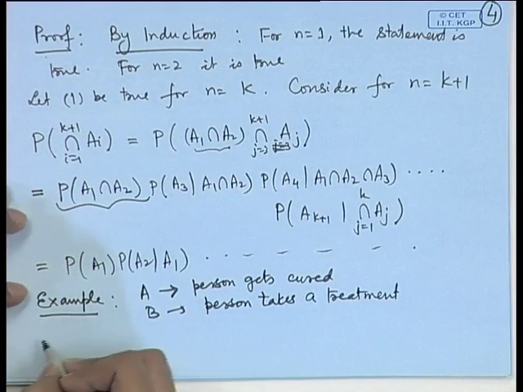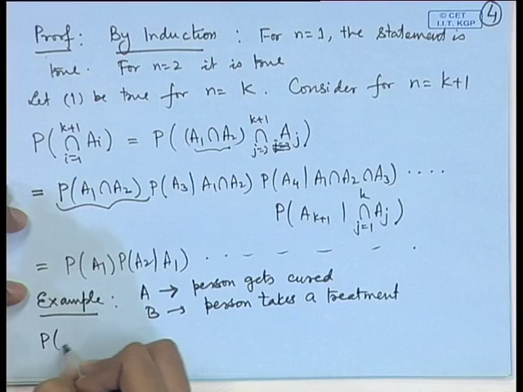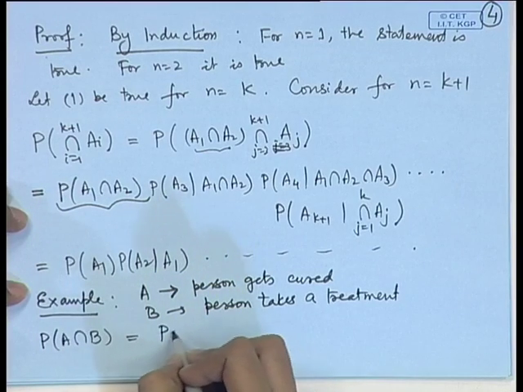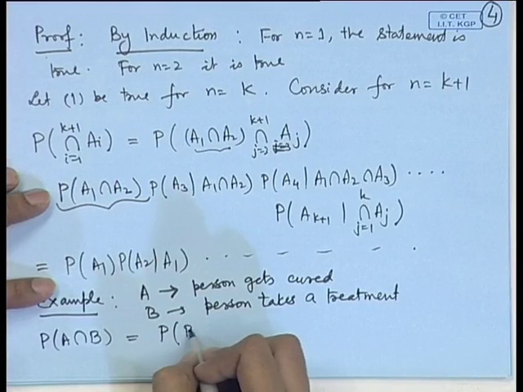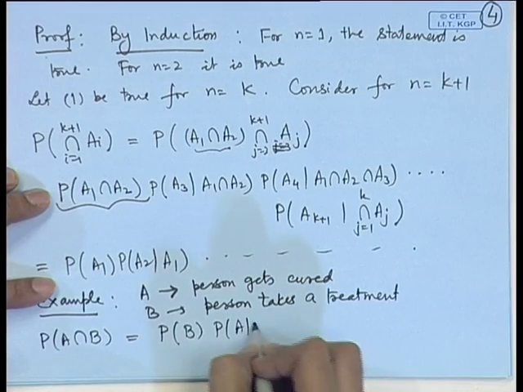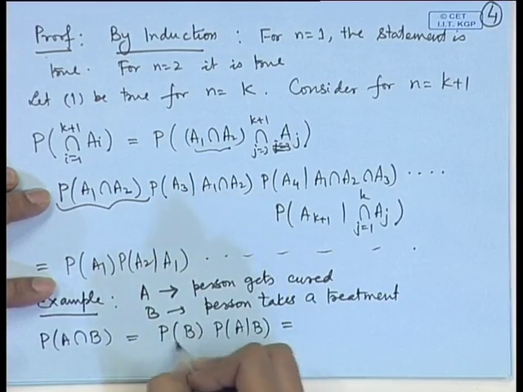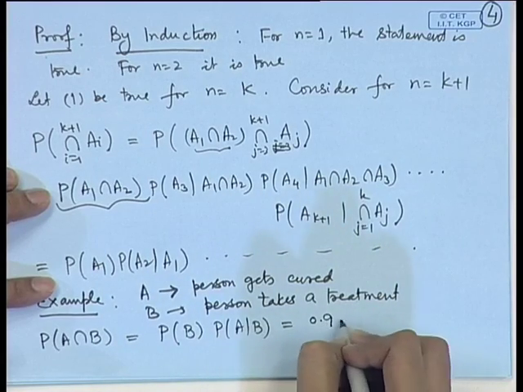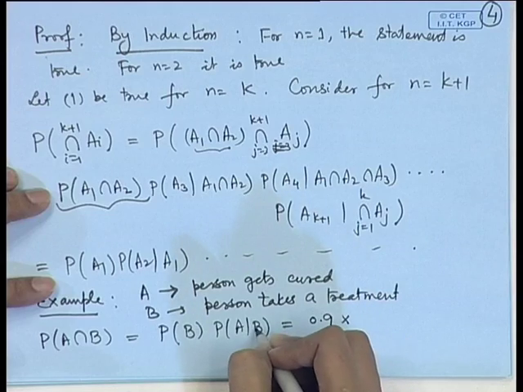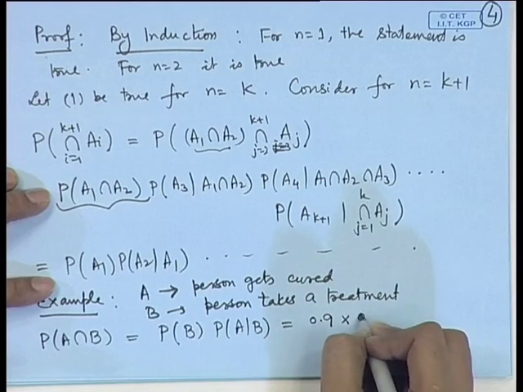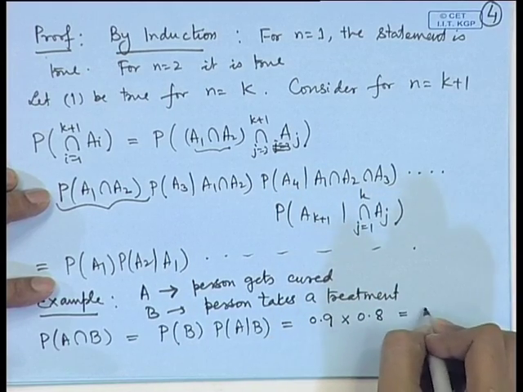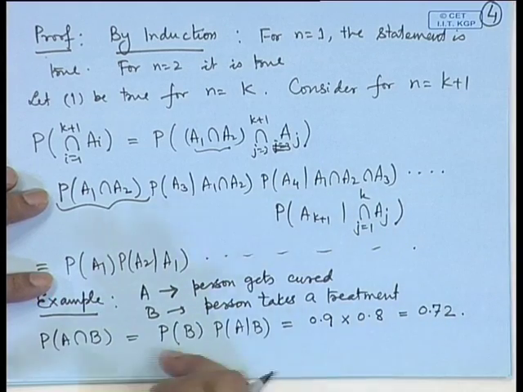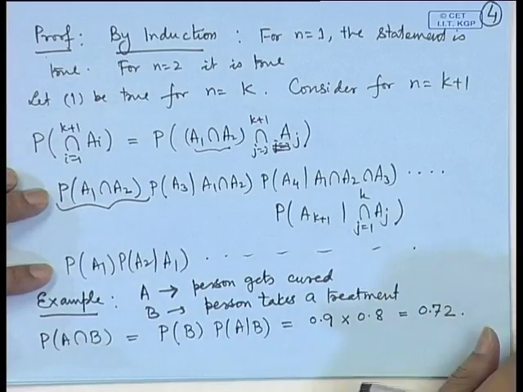Now, suppose probability of A intersection B is to be determined, then we can write it as probability of B into probability of A given B. Suppose 90% of the people take the treatment, and of the people who take the treatment, suppose 80% get recovered, then this probability turns out to be 0.72, which might have been difficult otherwise.